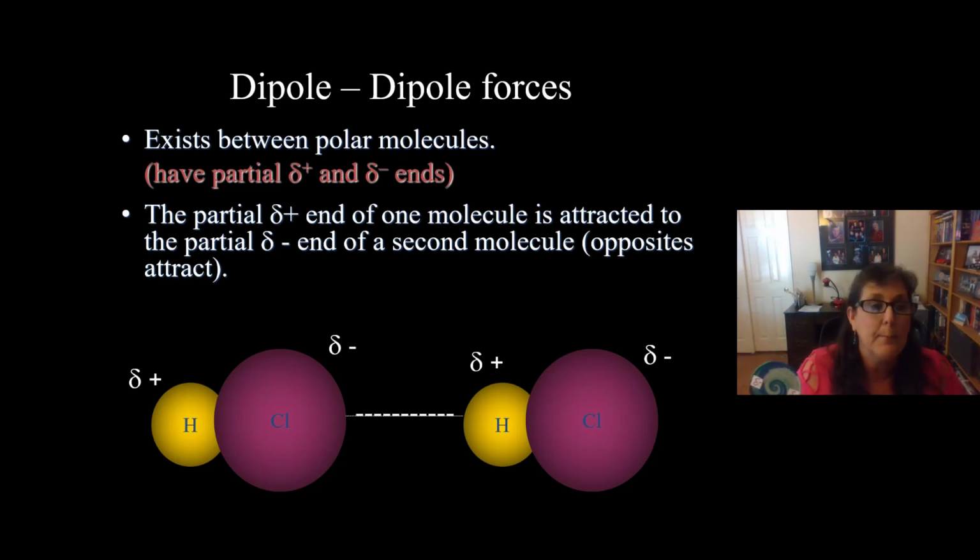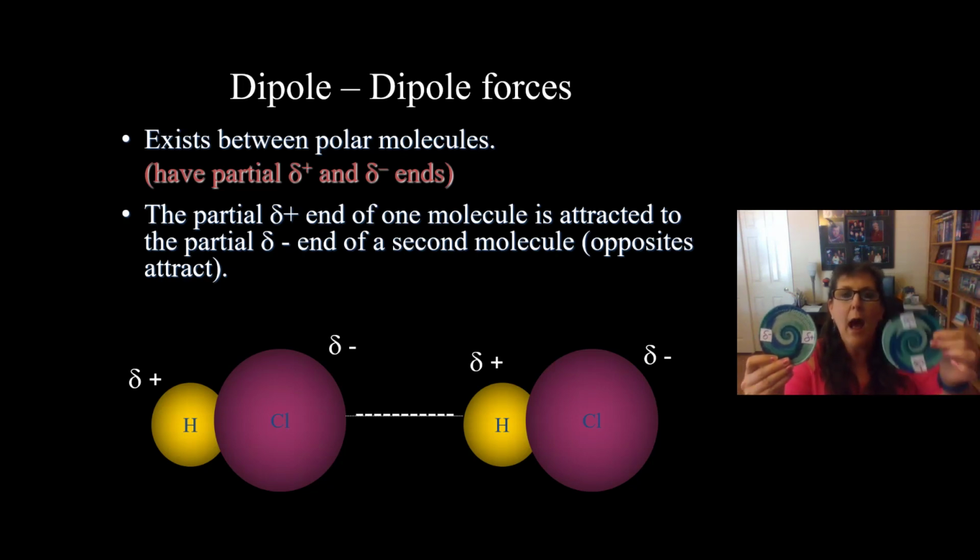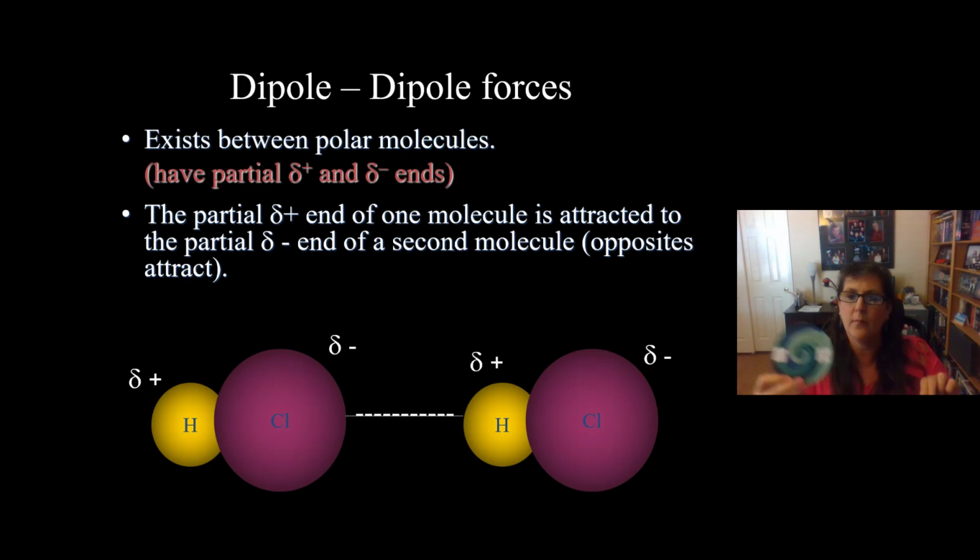The H is a little bit positive, the Cl is a little bit negative. That's because Cl is closer to fluorine, so it wins that tug of war of electrons. So the electrons are pulled towards Cl, electrons are negative, so Cl is delta negative. Now, as we have another molecule coming close, how is it going to line up?